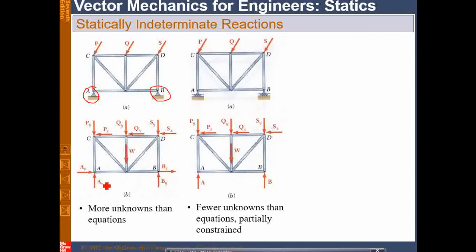Okay, there may be another condition in which fewer unknowns than equations are there. So this is actually a partially constrained situation in which horizontal movement in both these conditions is allowed. So this becomes a partially constrained formulation.